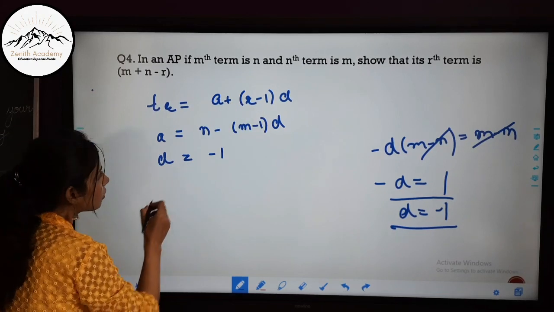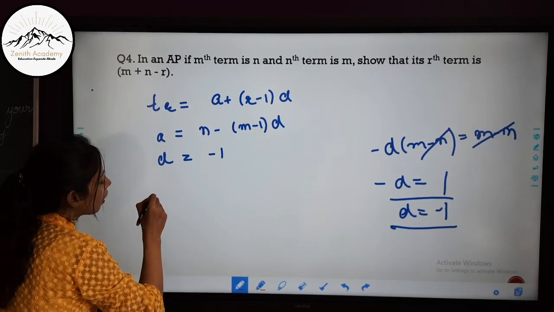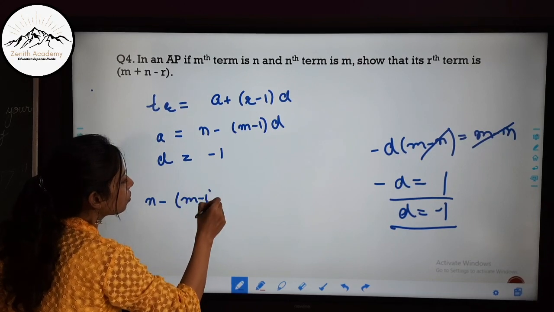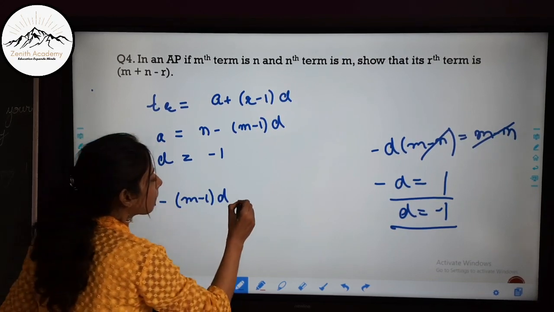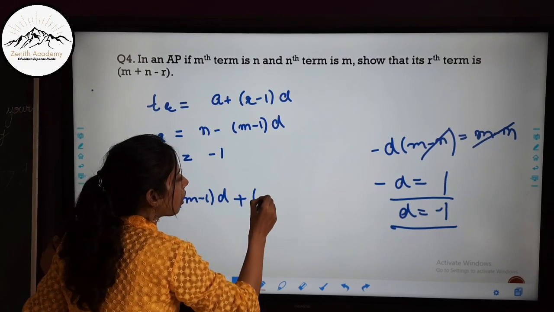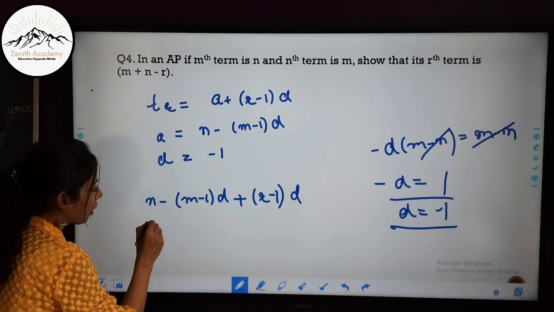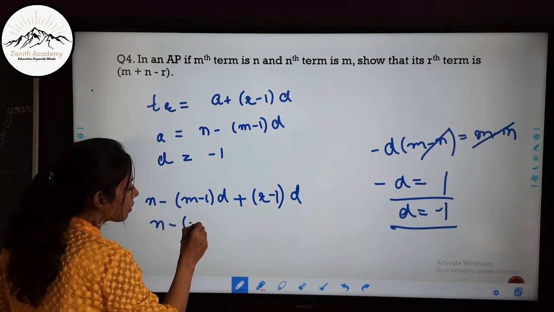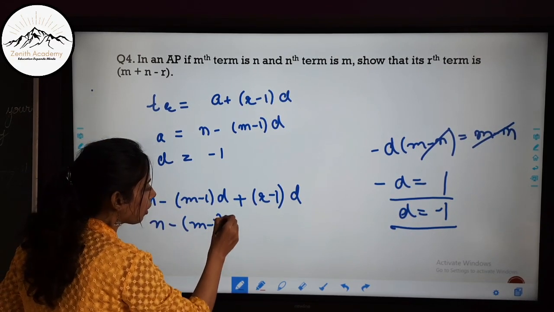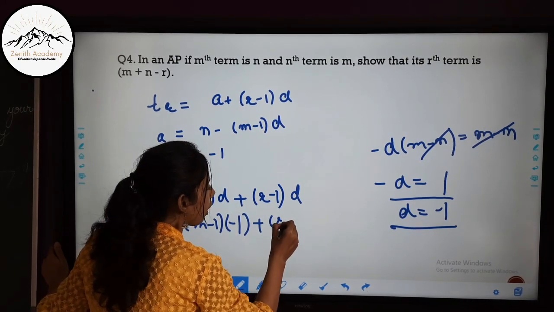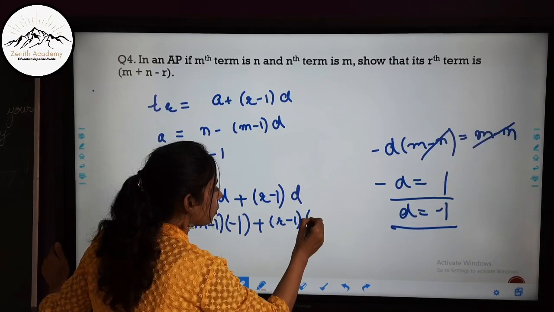So we put this in this equation: n minus m minus 1 into d plus r minus 1 into d, n minus m minus 1 into minus 1 plus r minus 1 into minus 1.